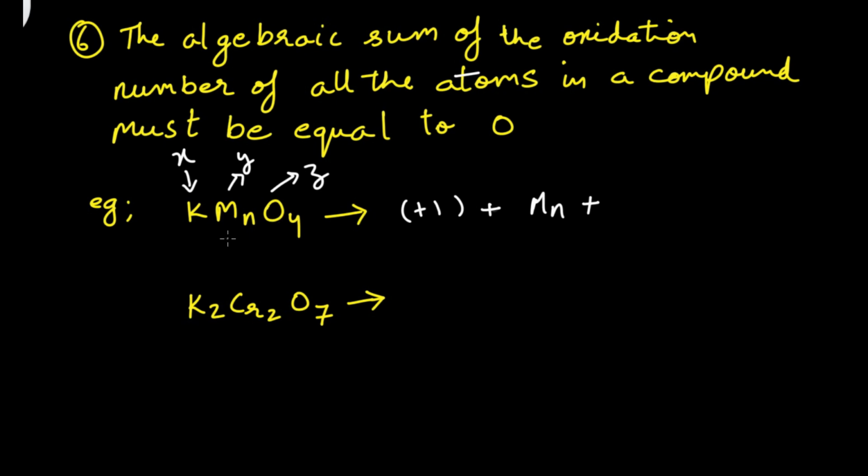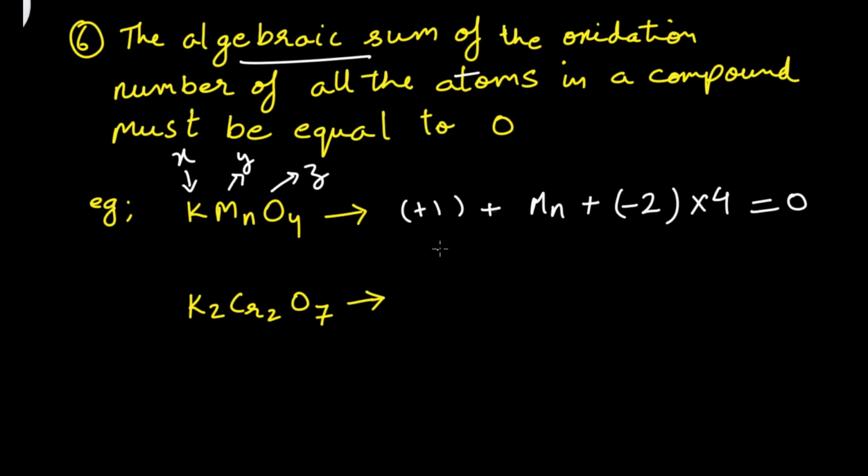There is no chlorine, there is no fluorine in this particular molecule, so the oxidation number of oxygen will be -2. How many oxygen atoms are there? 4. So you will have to multiply it with 4. And this is the algebraic sum, and this must be equal to 0, right?